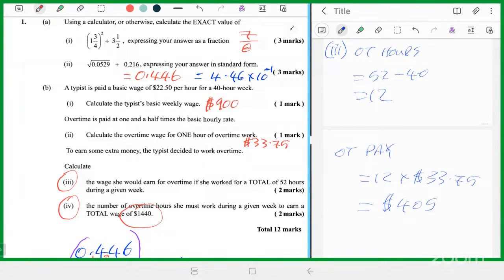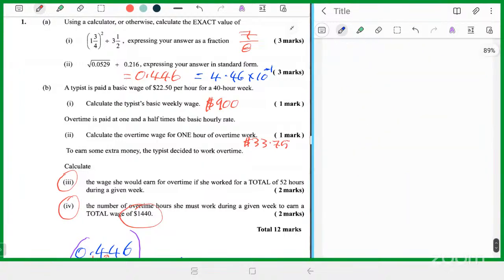So you subtract the 900, and you divide that by the overtime rate to know how many hours she works. So the OT pay in part 4 will be equal to the total pay of 1,440 minus the pay of 900.